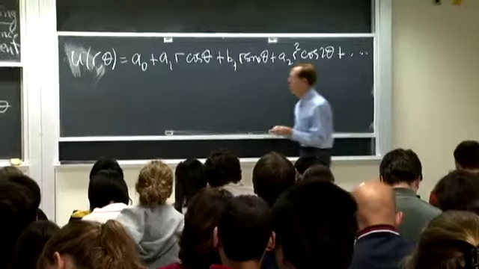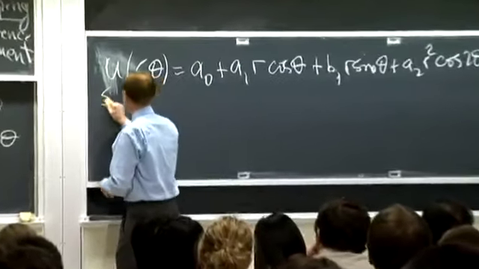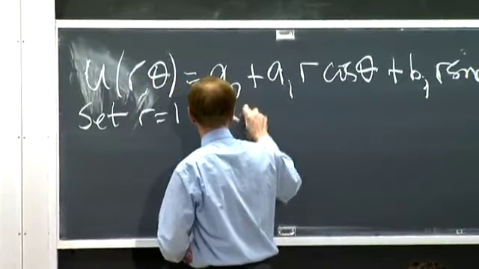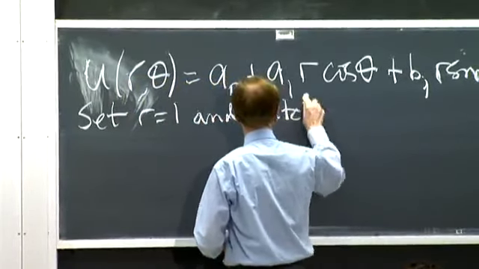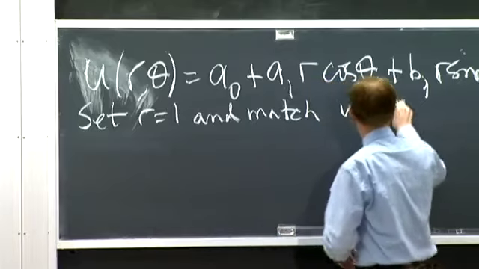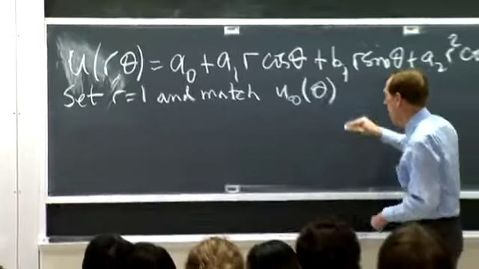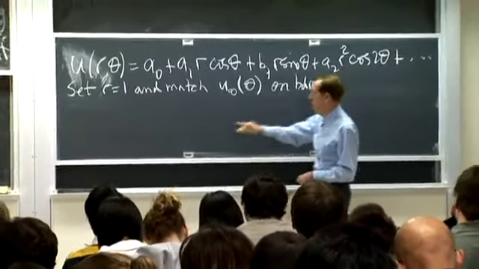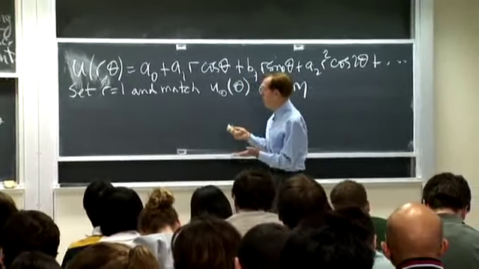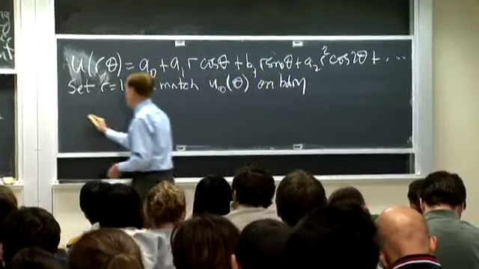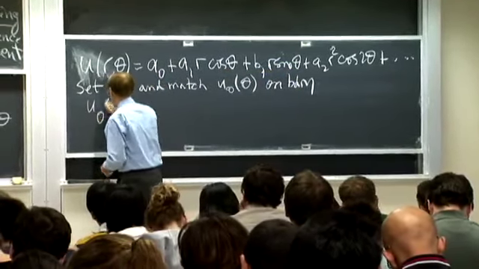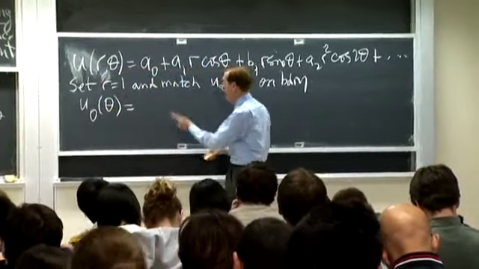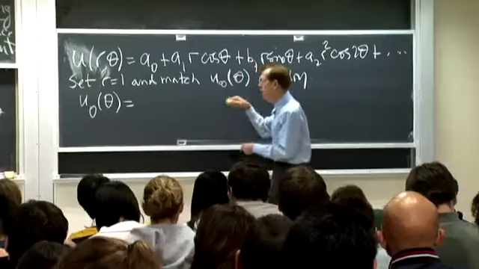Now set r equal 1 and match the boundary, and match u0 of theta, the required temperature around the boundary, the boundary being where r is 1. Okay, so I said set r equal 1. So then u0 of theta, this given thing, has to match this when r is 1.